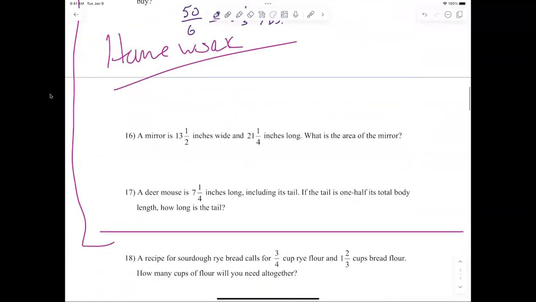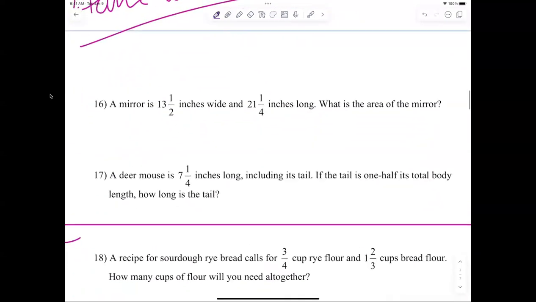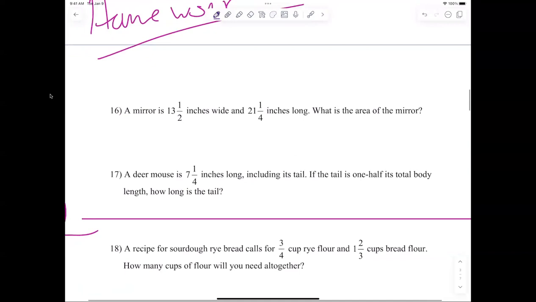All right, let's look at 16 now. Read it to me. Helen. I promise you. Just read it to me and let's figure it out together. That's correct.